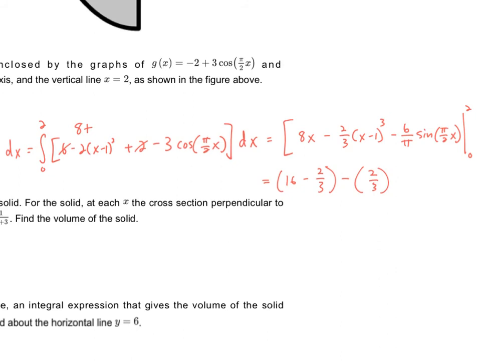Oh wait, here, sorry. When I plugged in 2 into this, wait. Oh yeah, that's right. What am I thinking? Okay, that's fine. And then this ends up being 16 minus 4/3. That's it.